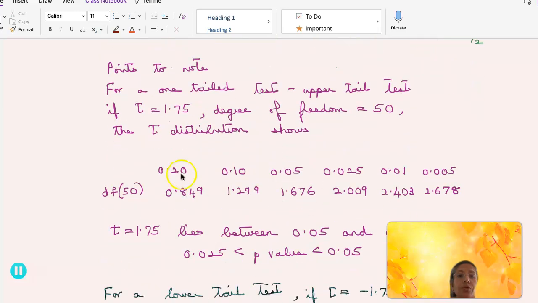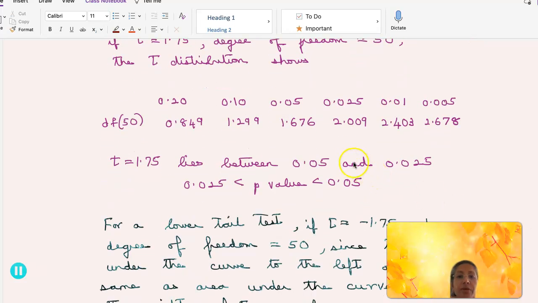Now, points to note for a one-tail test, that is the upper tail test: if t equals 1.75 and the degrees of freedom is 50, and I have actually given one strip of the t-distribution table. Now t is 1.75, and you can see that 1.75 lies between 1.676 and 2.009. So we go in the reverse order.